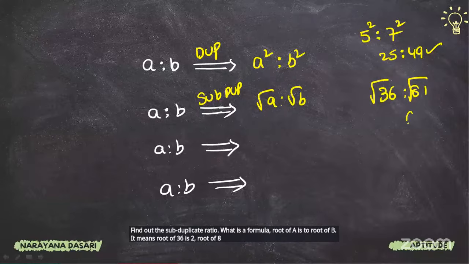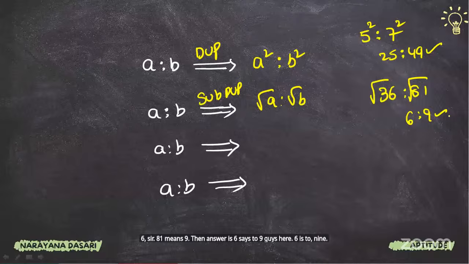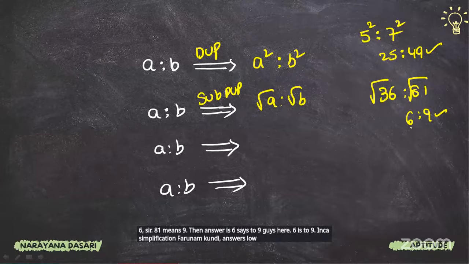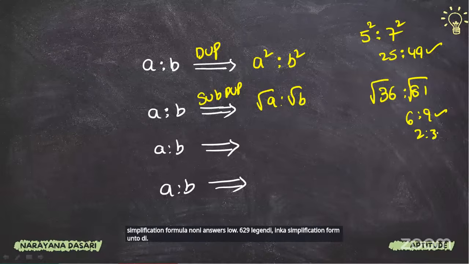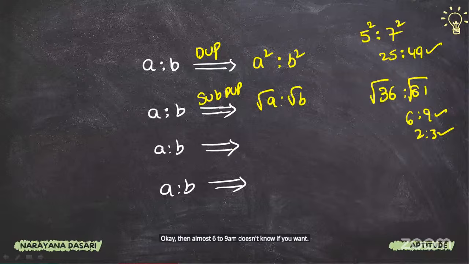What is the answer, guys? 36 means 6. 81 means 9. Then answer is 6 is to 9, guys, here. ఇంకా సింప్లిఫికేషన్ ఫామ్ ఉందనుకోండి ఆన్సర్స్ లో మీకు ఆప్షన్ లో 6:9 లేదనుకోండి ఇంకా సింప్లిఫికేషన్ ఫామ్ ఉంటుంది 3 2s అండ్ 3 3s 2:3 అని కూడా ఉంటుంది సమ్ టైమ్స్. ఓకేనా లేదంటే ఆల్మోస్ట్ 6:9 ఉంటుంది నో ఇష్యూ అండి. జస్ట్ రిమెంబర్ ఓన్లీ ఫార్ములా. So A is to B sub duplicate ratio root of A is to root of B.